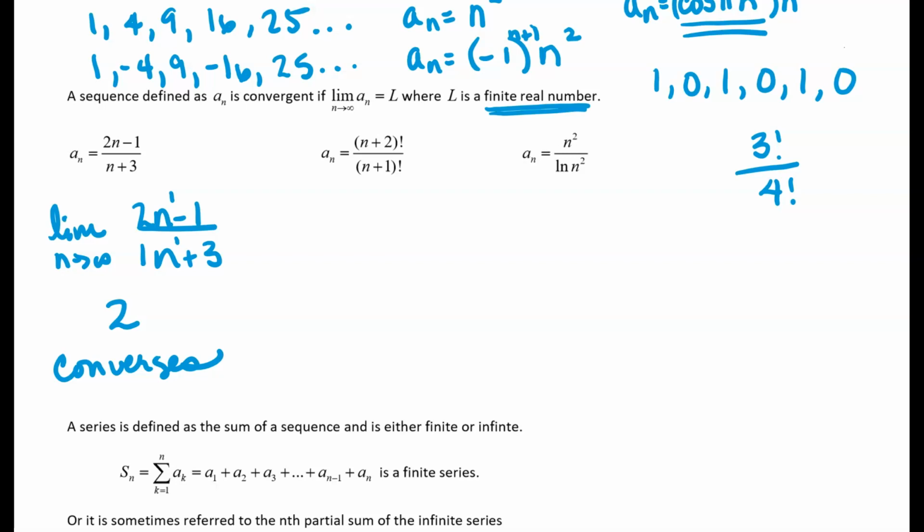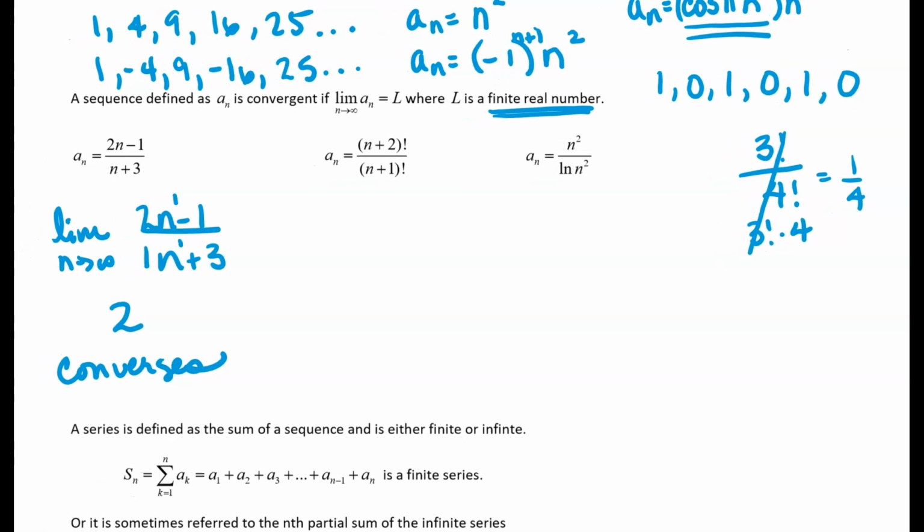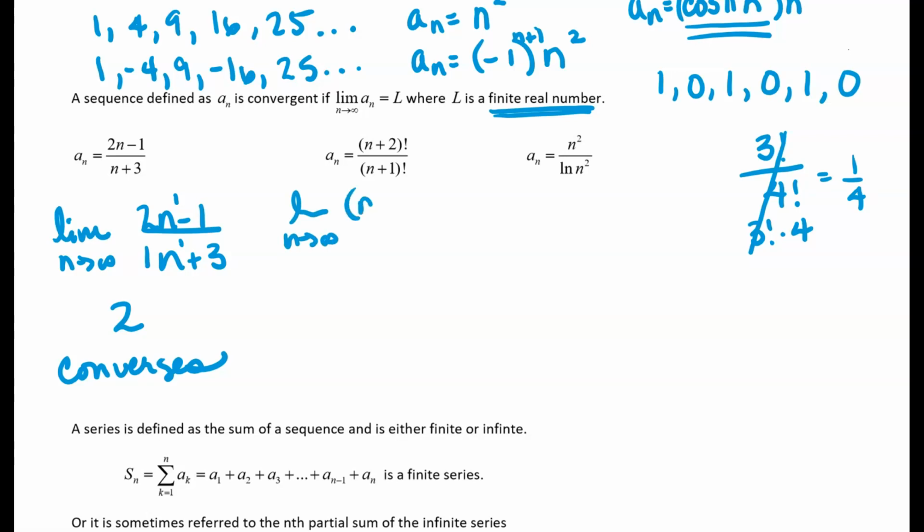So how do you simplify a factorial? Well, 4 factorial is just 3 factorial times 4. You cancel the 3 factorials, and you get that this simplifies to 1/4. So we're going to use the same thought process over here. N plus 2 factorial is just n plus 1 factorial times n plus 2.